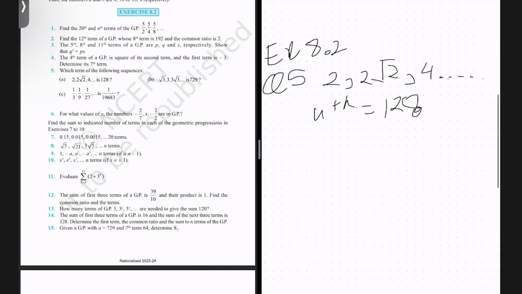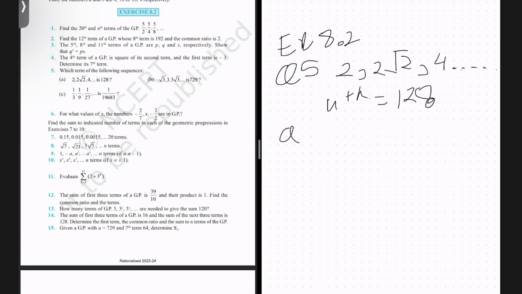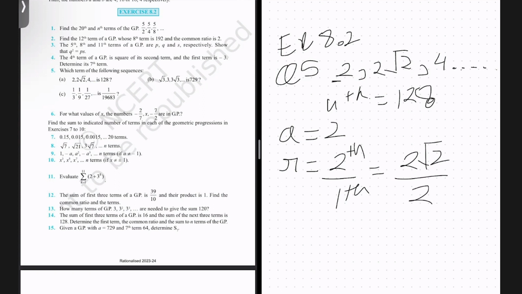The first term in this GP is A equal to 2, correct? Because that is the first term. For finding r, we simply divide the second term by the first term. So we have 2 root 2 divided by 2. The 2 and 2 get cancelled, and the common ratio that we find is root 2, correct?